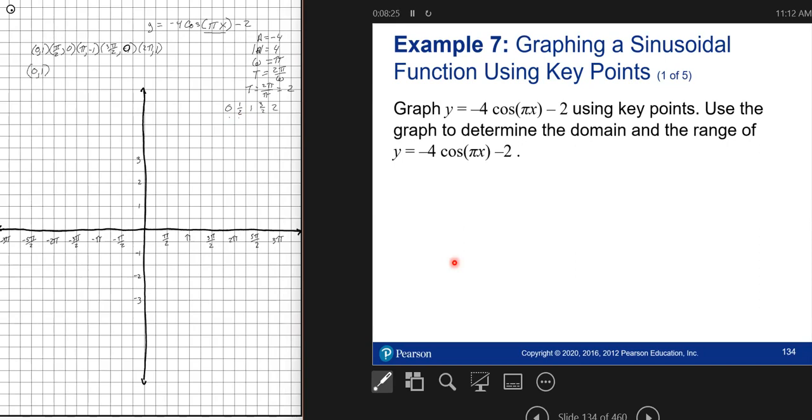The 1/2 pi became just 1/2, so 1/2, 0. Then pi became 1, so 1, -1. And 3 pi over 2 became 3 halves, 0. And the 2 pi became 2, so that is 2, 1.